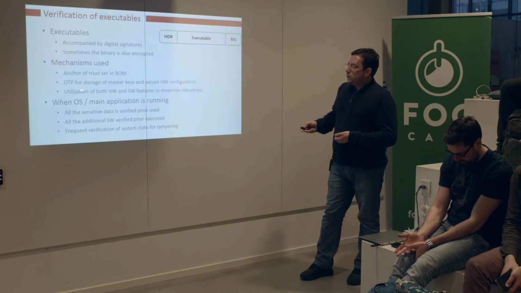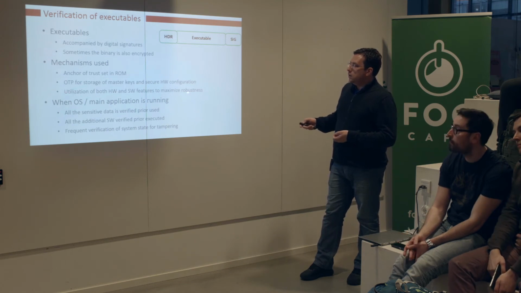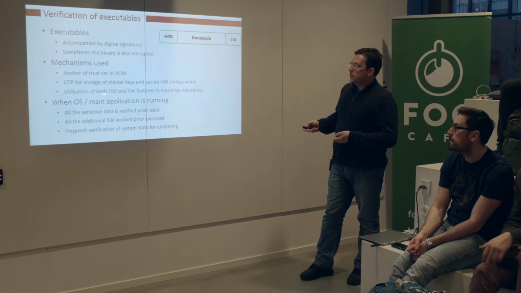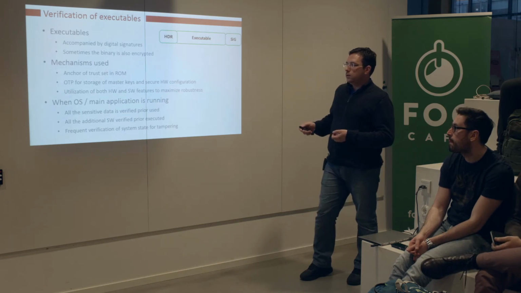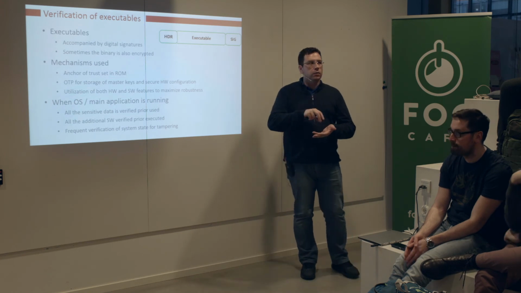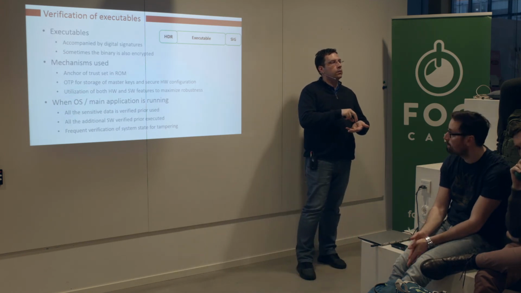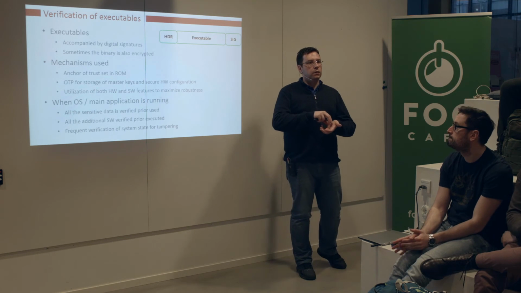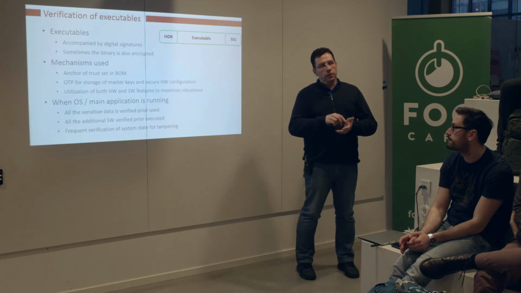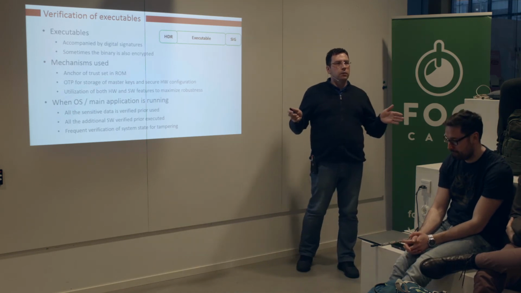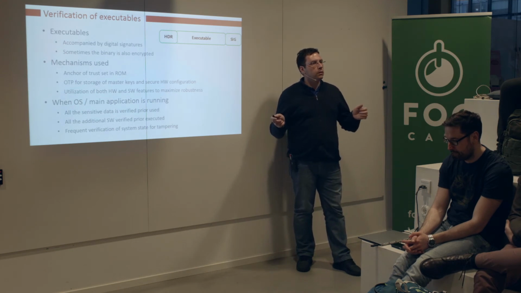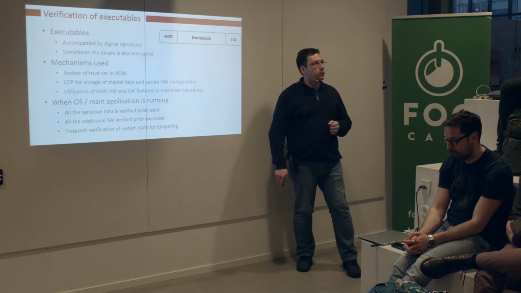OTP is used for storage of the keys, and in all those activities we utilize both hardware and software to maximize robustness, because it is proven that if we rely too much on hardware, then we may have problems to get rich diversity of functionalities, because hardware is always limited in what kind of functionalities can be provided.